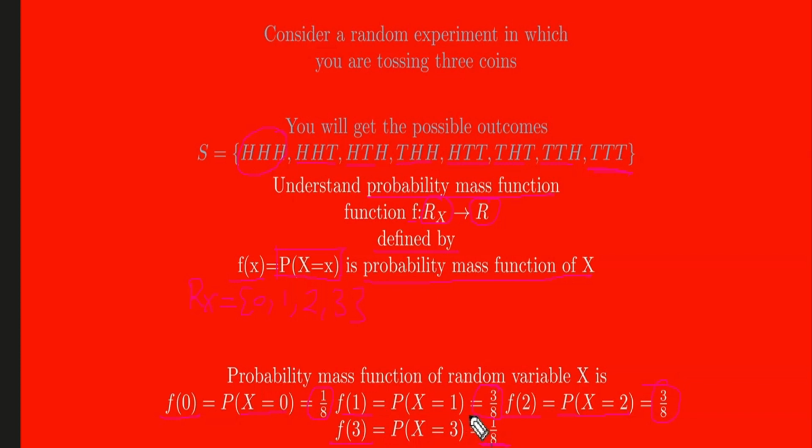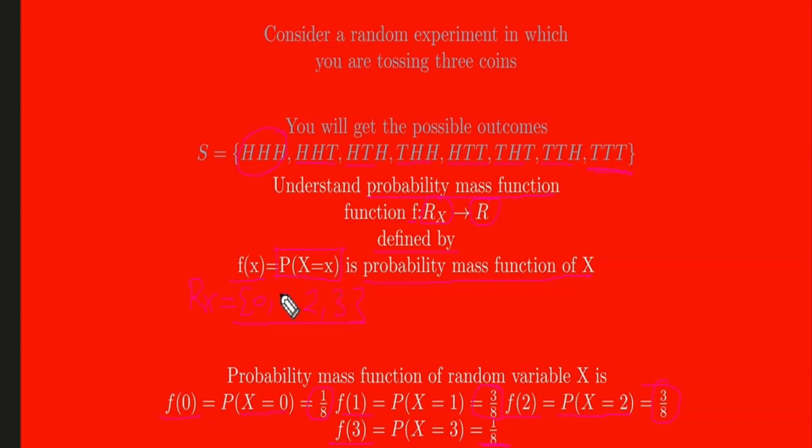Again understand the probability mass function, which is from Rx to R. So f(x) is defined from Rx to R, where f(x) is equal to P(X equal to x), which is an element of S. Actually this is not an element of S, this is from Rx.